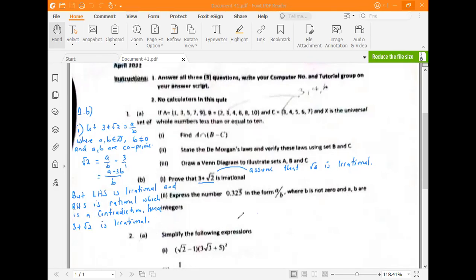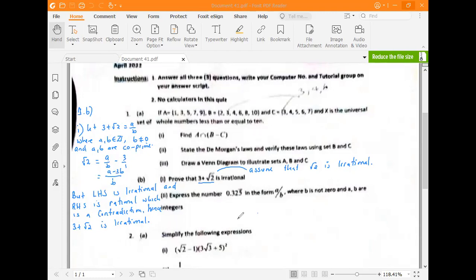Any questions? Because this, you just pick it like this. There are only 3 things you're doing. The first thing is you write the condition statement: let this be A over B where A and B are integers, B is not 0, and A and B are co-prime.